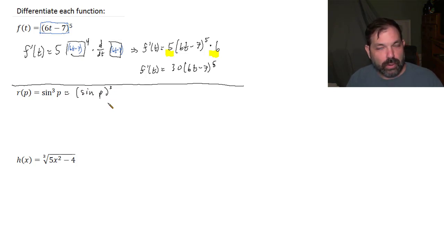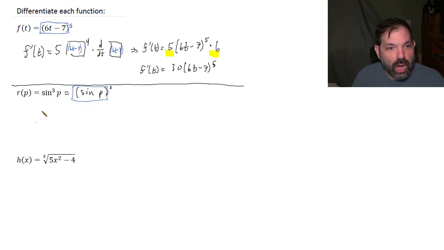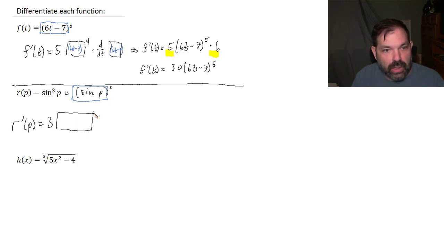If I think of this as a composite function where I'm raising box to the 3rd power, and the box is sine p, then r prime of p would be 3 times whatever's in the box to the 2nd power, times the derivative with respect to p of whatever's in the box.